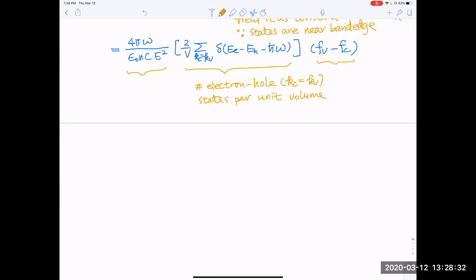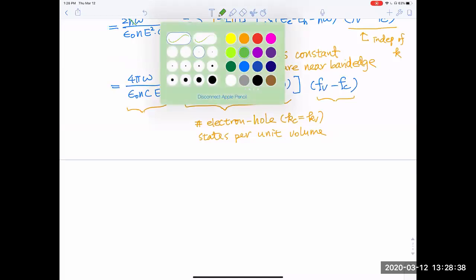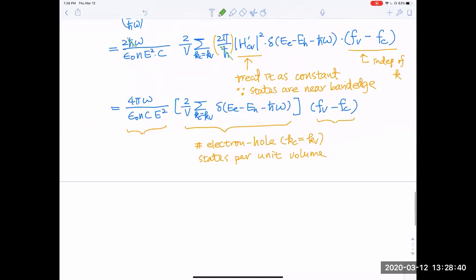Okay, lots of questions. Most of the questions ask why FC minus FV is independent of k. Okay, I promise to look at this next.